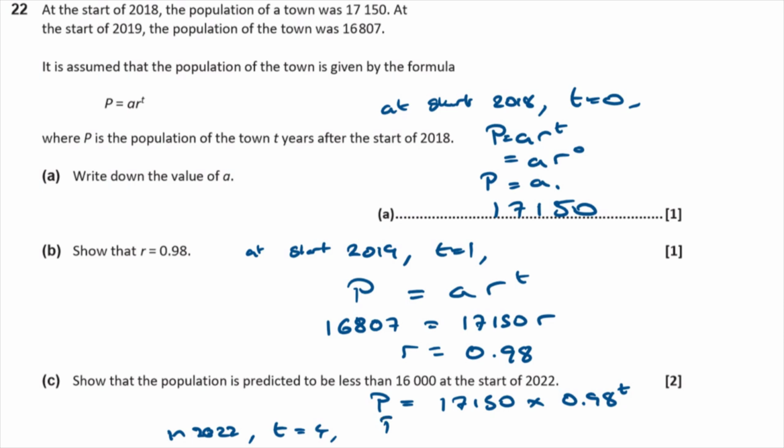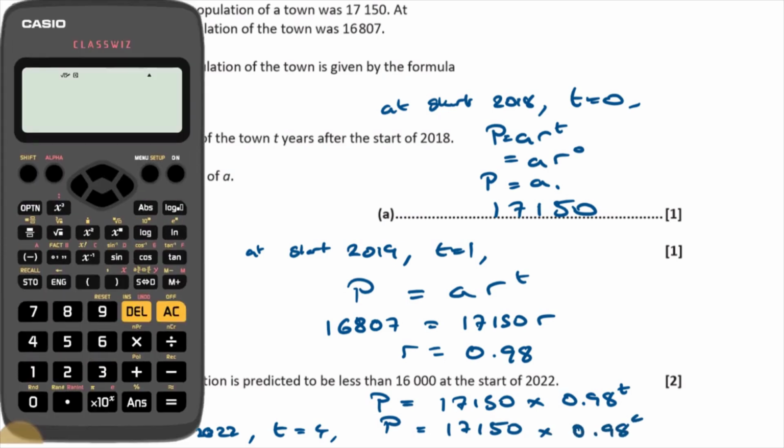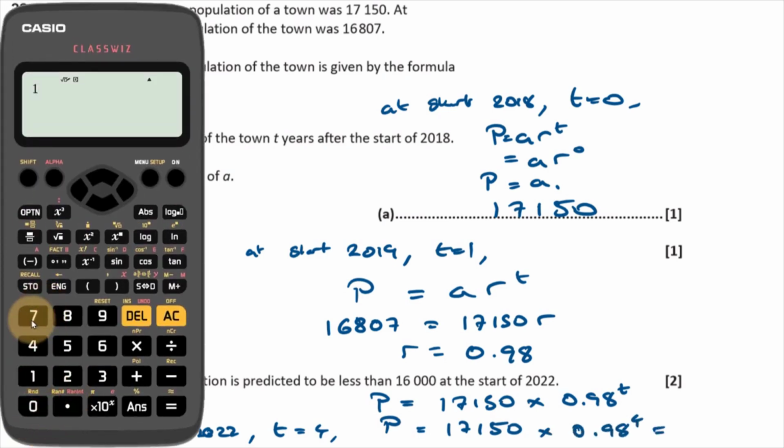So then P, the population, is going to be 17,150 times 0.98 raised to the power of 4. What is that? Okay, so I'm going to round this off to the nearest person. I don't really want 0.6 of a person, it'd be too messy.